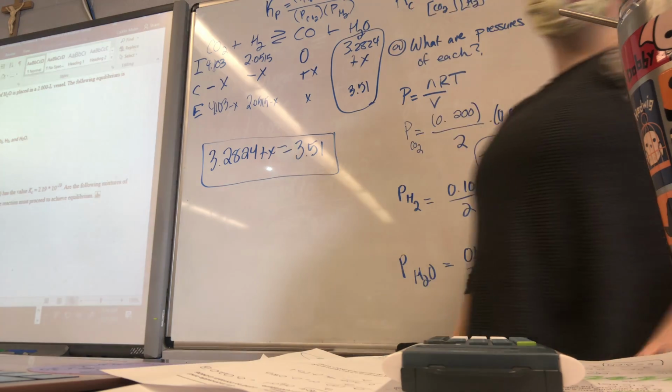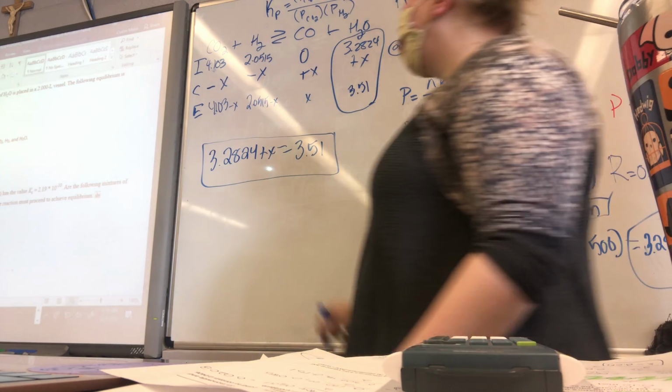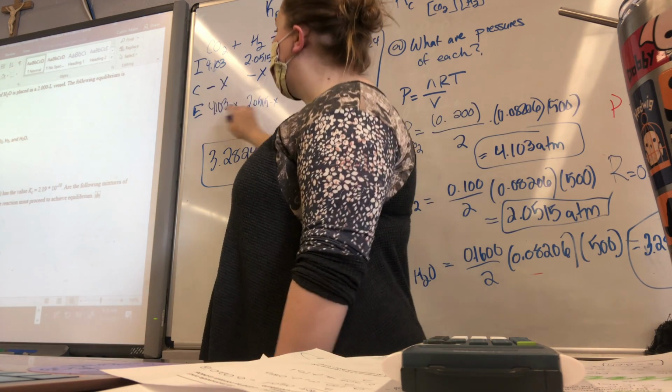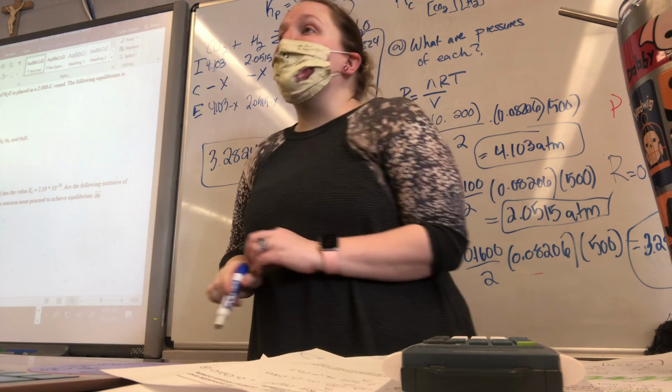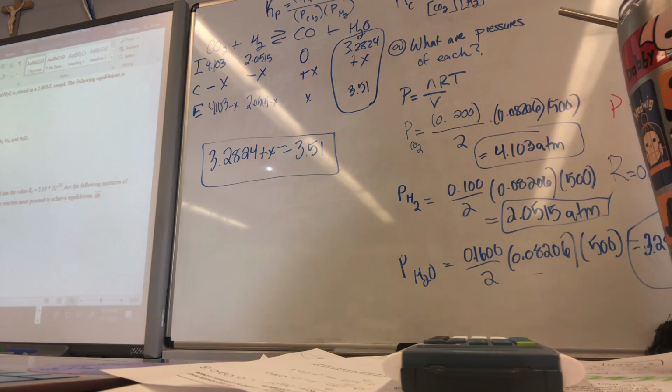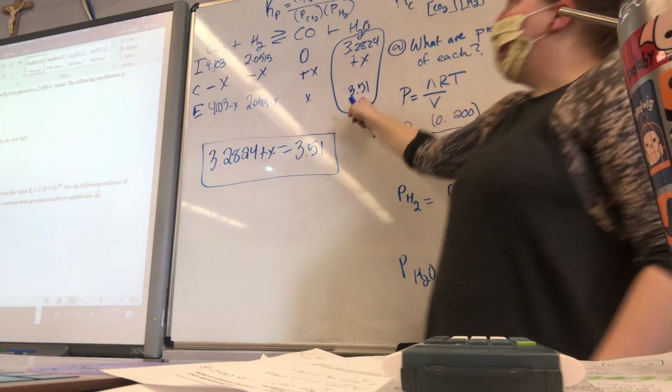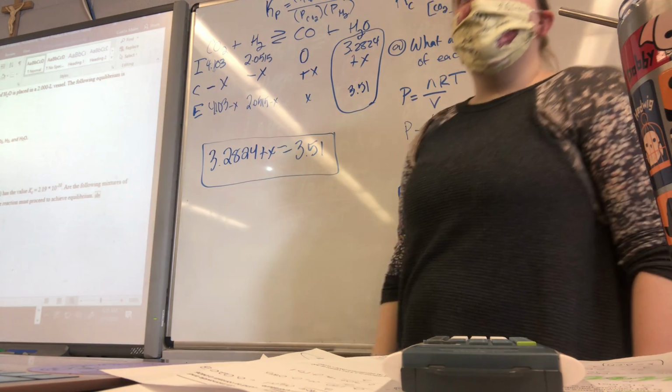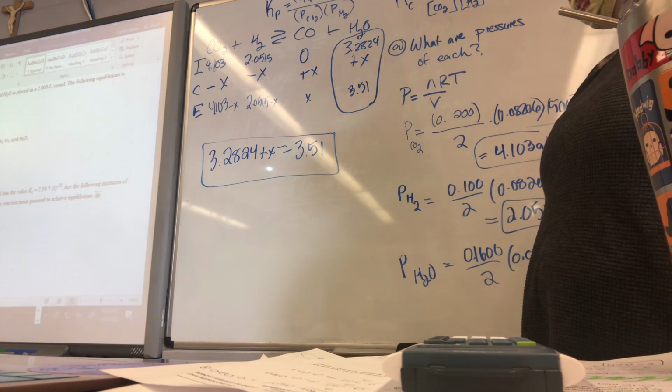Now on my equilibrium tables, one thing I want to point out is that if you try to do this with any other one of these, you're going to get x on both sides of the equation. You can't really solve that. You should have a number on one side and x on the other side. So just keep track of that.